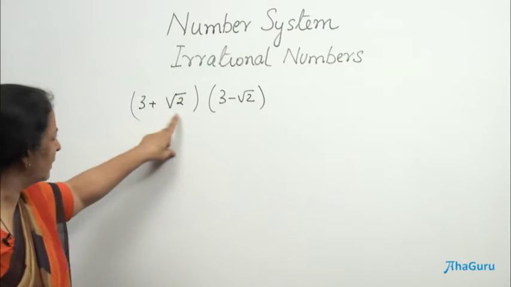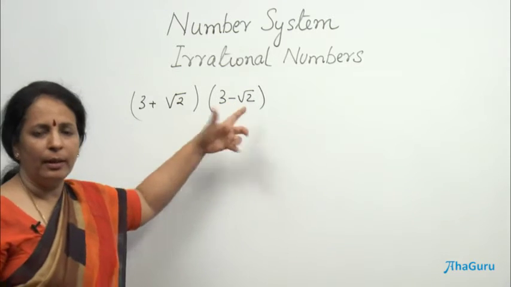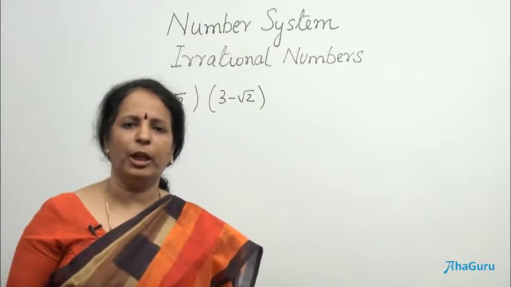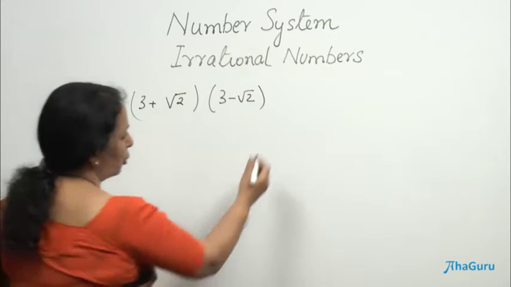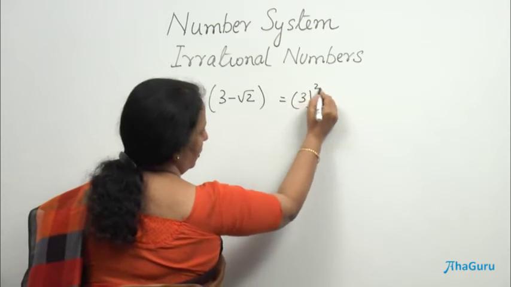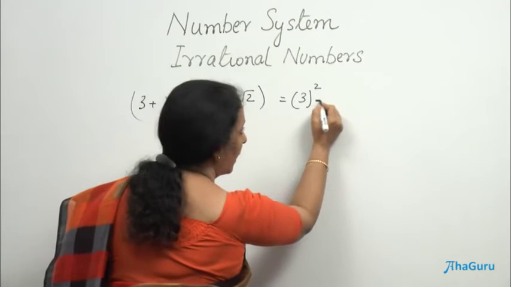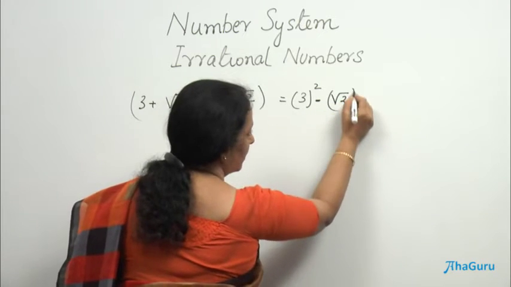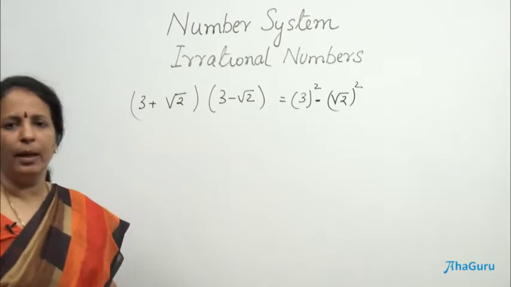Say this is A and this is B. So, A plus B, and this is A minus B, and you know very well A plus B into A minus B is A square minus B square. So, using that, what do we get here? A square minus B square. What is A? 3. So, 3 square, and what is B? Root 2. So, this is root 2 square. This is nothing but this, using the same algebraic identity.